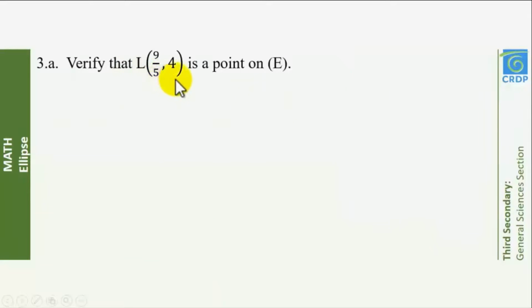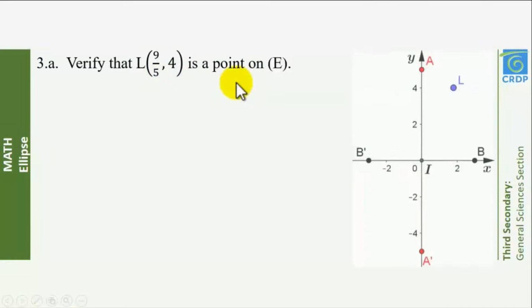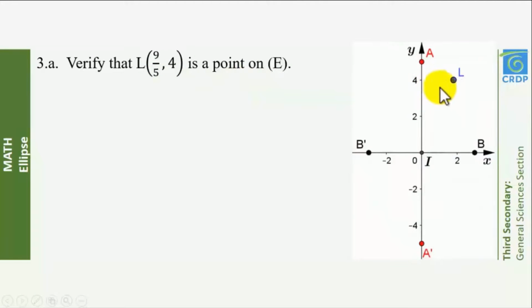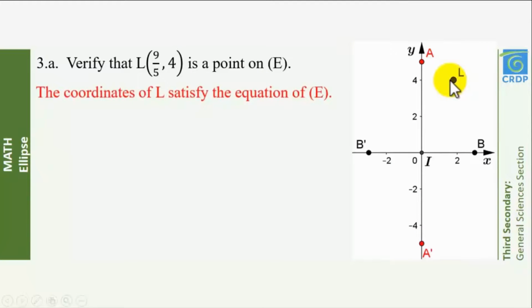Verify that L (9 over 5, 4) is a point on E. To check if a point is on a graph, we replace the coordinates of this point in the equation of the graph.